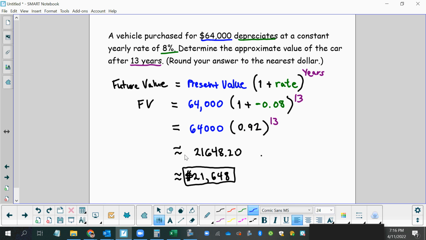And so we get $21,648.20, and rounding that to the nearest dollar, because there's a 2 to the right of the decimal, we will be rounding down. So it's 21,648 as a final answer.